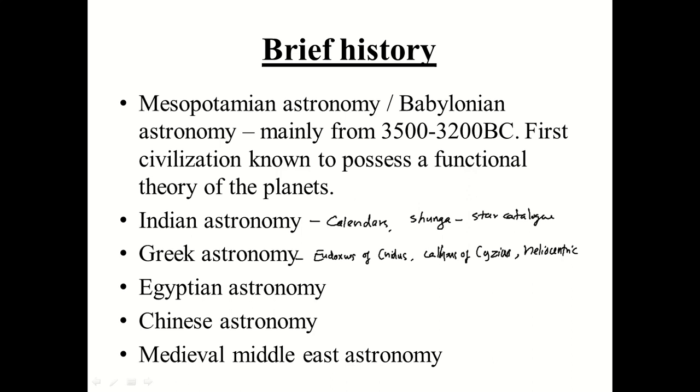Another ancient contribution to astronomy was given by the Egyptians, and Chinese people also contributed much to astronomy, and the Middle East astronomy, otherwise called Arabian astronomy.